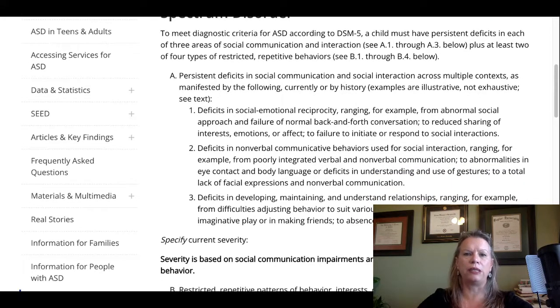Level 1 is the least disrupted. So level 1 means that a child or an individual with ASD will require a little bit less support. Level 3, being the most severe, means that the person with ASD will require the most support. They'll most likely be nonverbal and have significant disruptions across all areas of development.